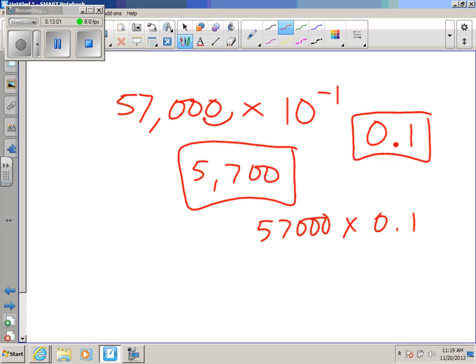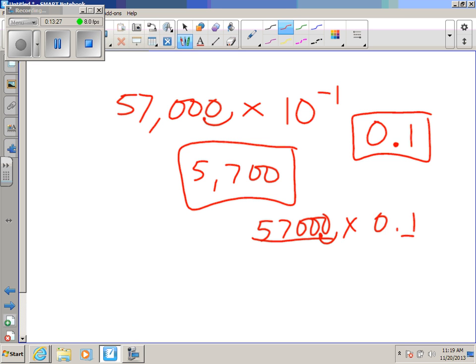I would multiply 57,000 times 1, it would be 57,000, but I'd have to move that decimal 1 place. We just did that. So that's why 10 to the negative first power, we're moving that to the left. Because the negatives are essentially the decimal parts.